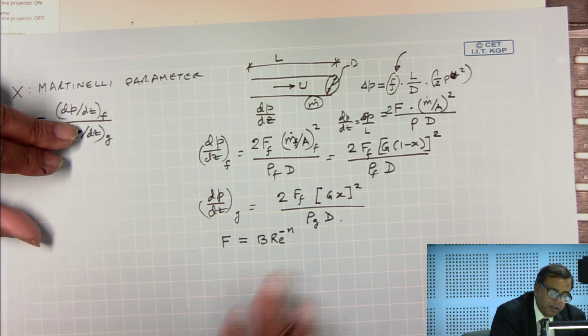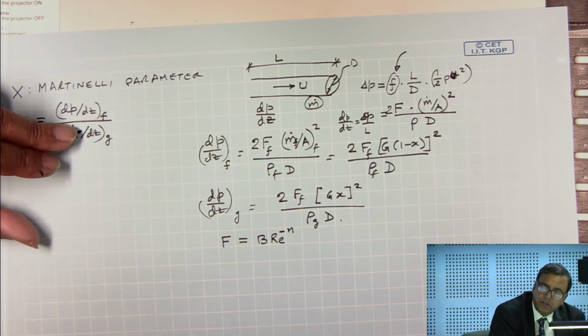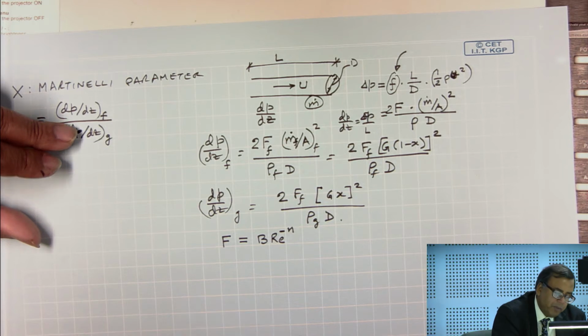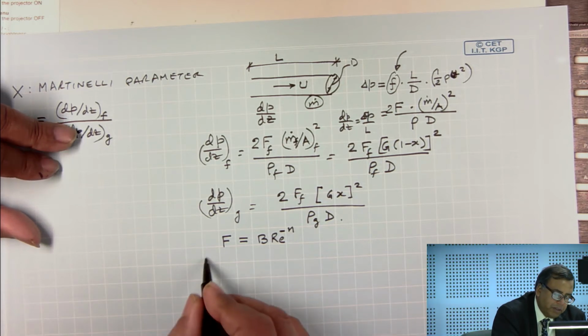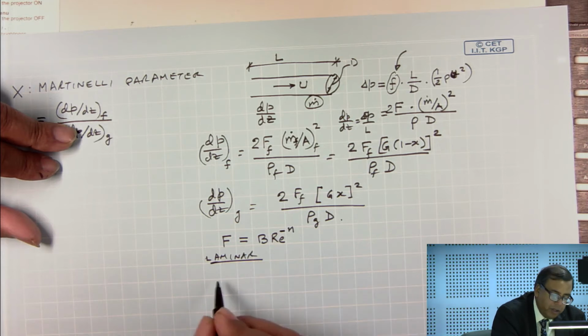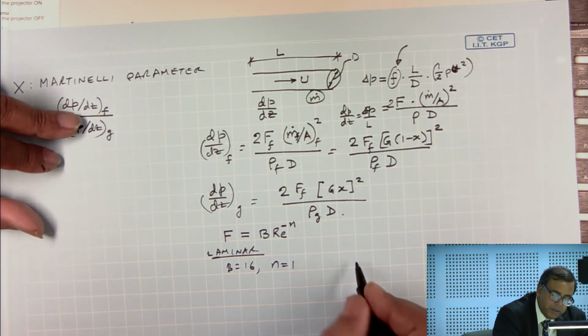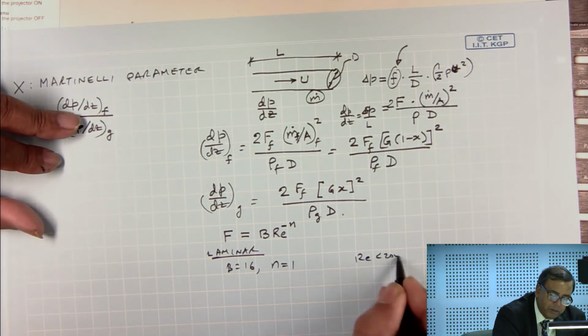When it is laminar flow, it is 64 by Reynolds number or 16 by Reynolds number, depending on whether you have a Darcy friction factor or Fanning friction factor. Okay. So, in essence, when you have laminar flow, typically your B is equal to 16 and n is equal to 1. Okay. And this is for Reynolds number less than 2000.